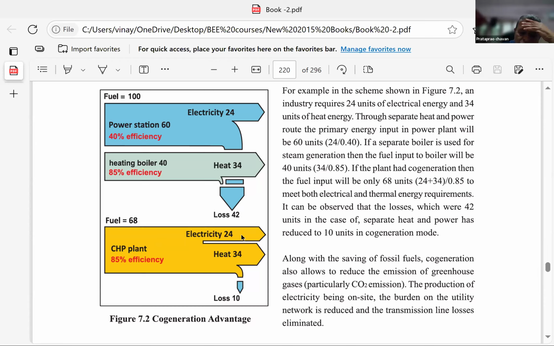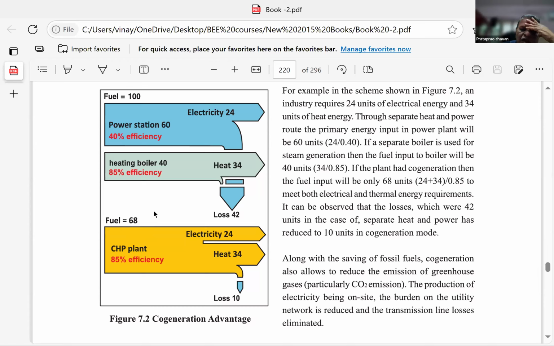You get the point. So for achieving the same parameters, you will use only 68 units of heat generated by the fuel. There will be a drastic saving in fuel. In the earlier two separate processes, you will be using 100 units of heat. Here, you will be using only 68. That means you have a saving in fuel.